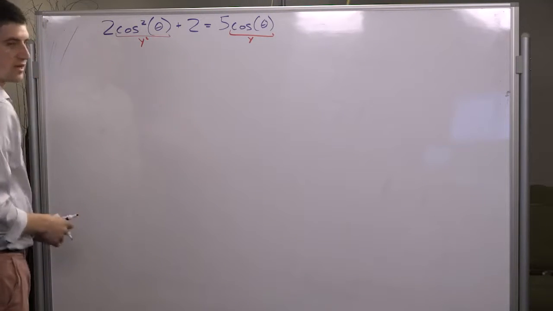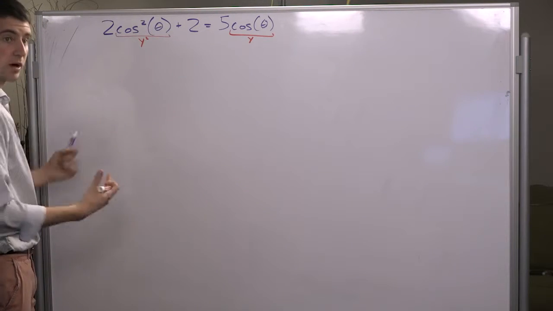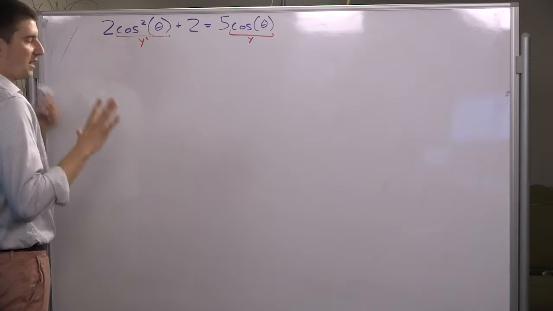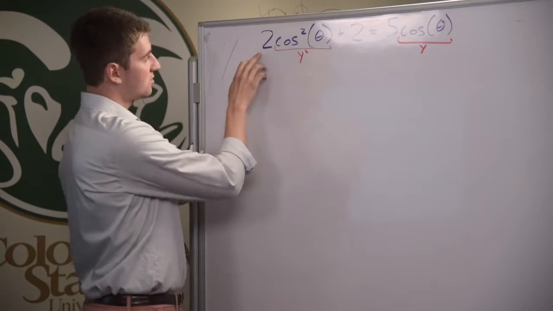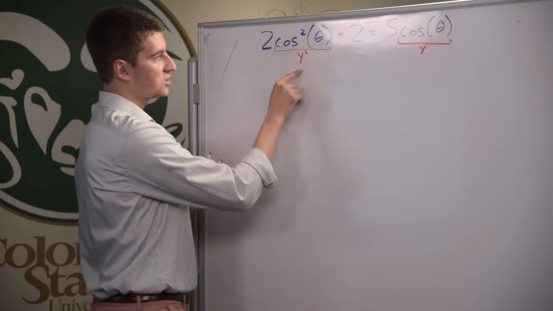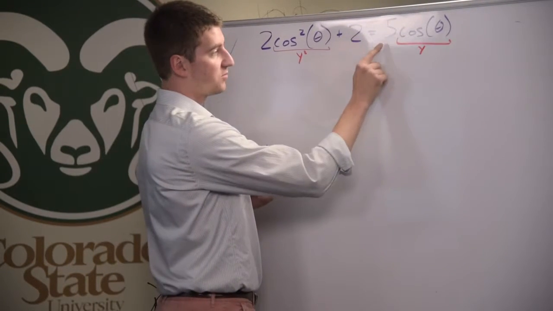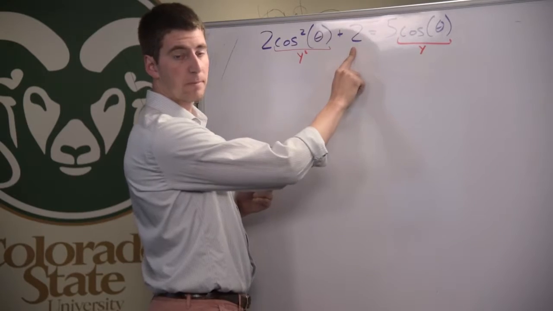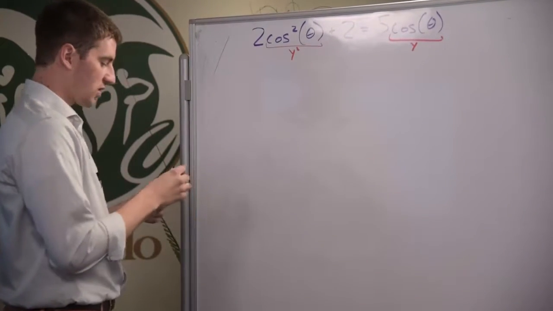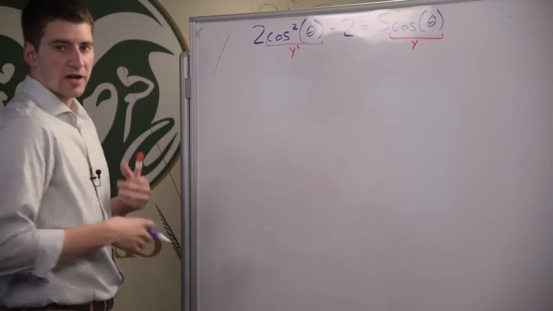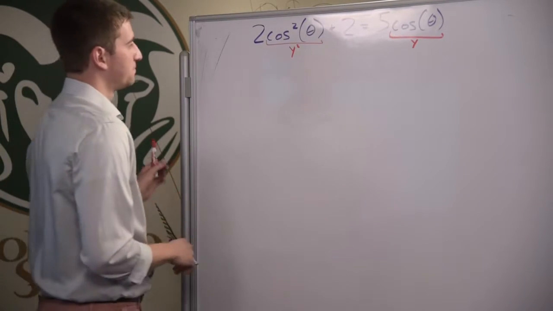Cosine squared of theta is just cosine of theta squared. So if we really blur our eyes, we can see this as a quadratic. Here we have something squared with a coefficient, something else just by itself with a coefficient, and a constant term. So we really want to treat this like a quadratic expression and then try to factor, for example.